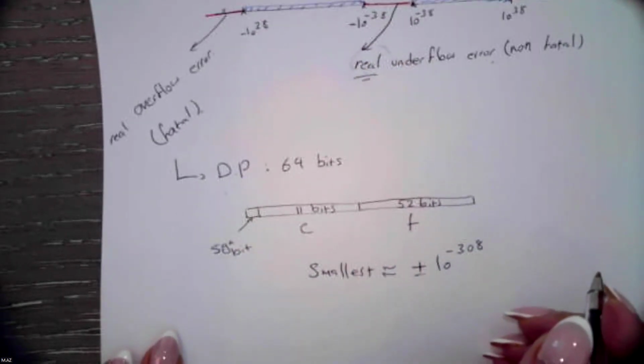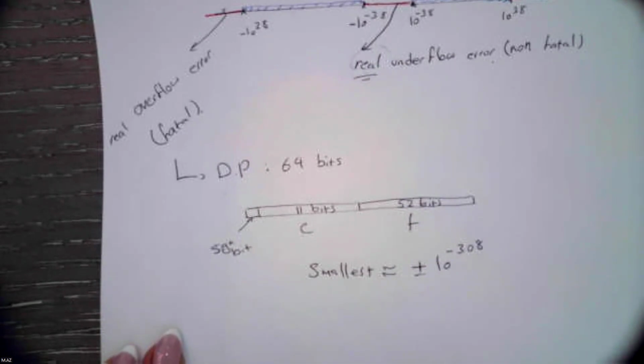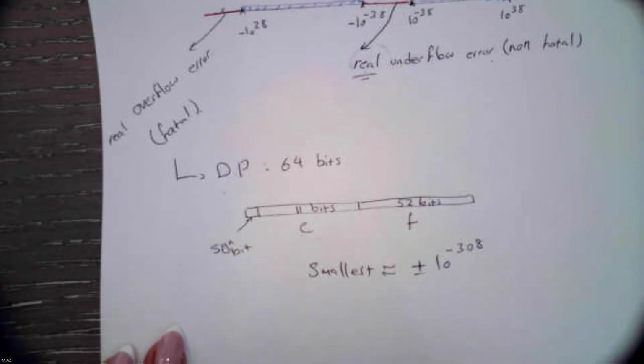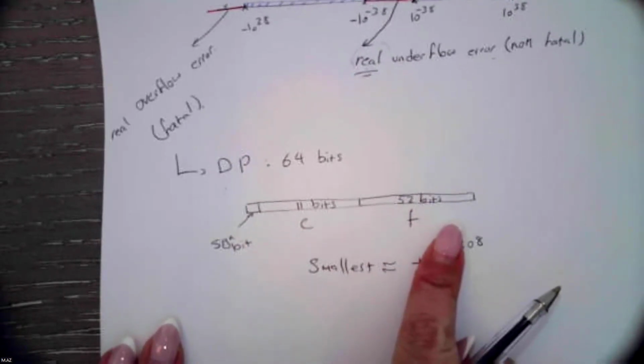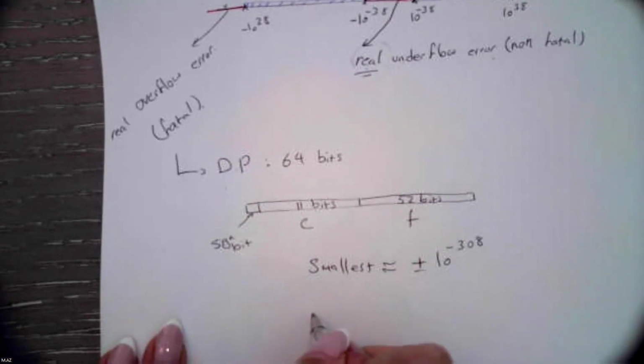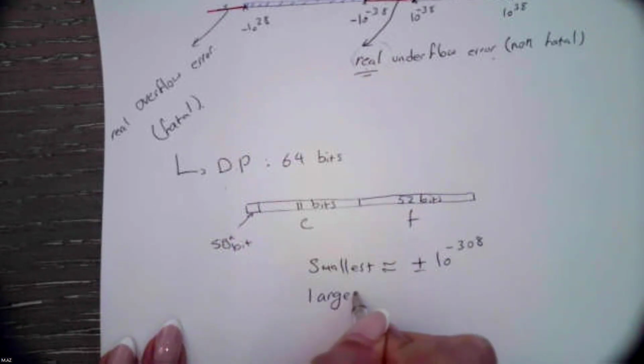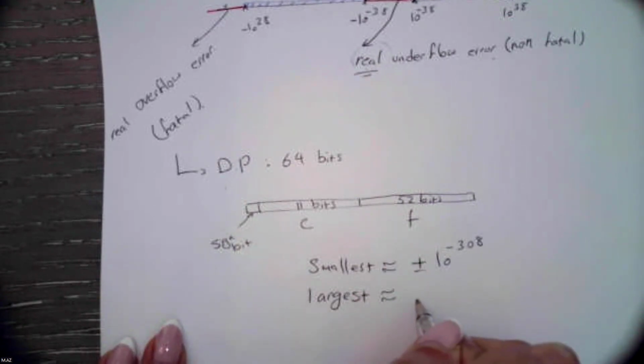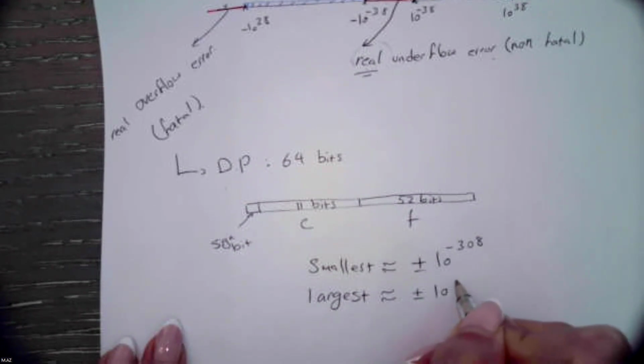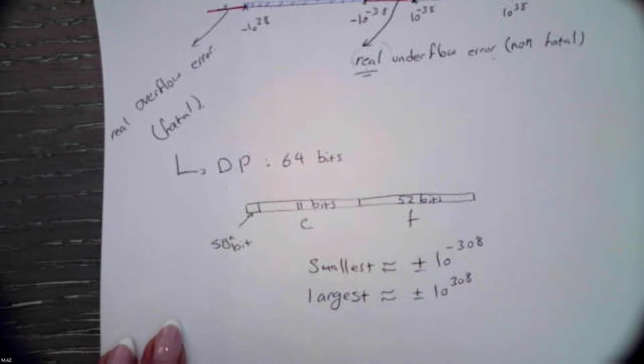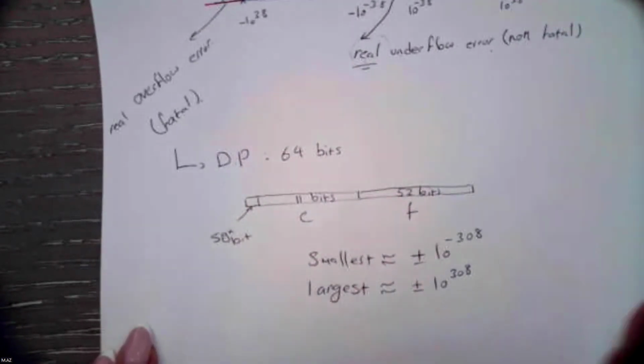How about the largest number? The largest number corresponds to 1 in all bits in the characteristic and mantissa.